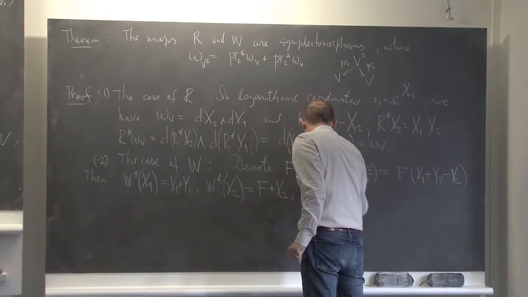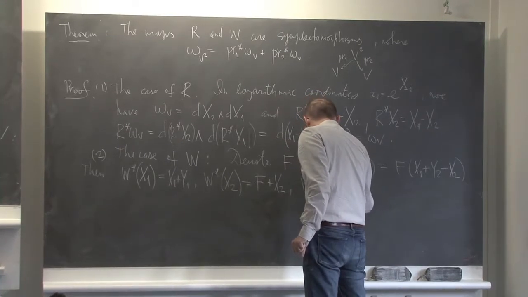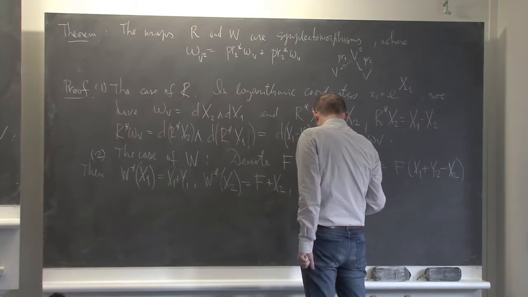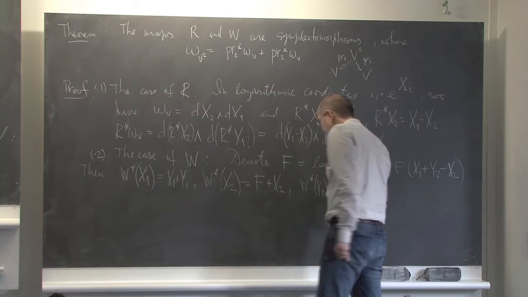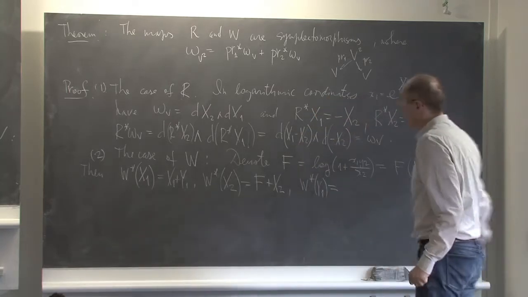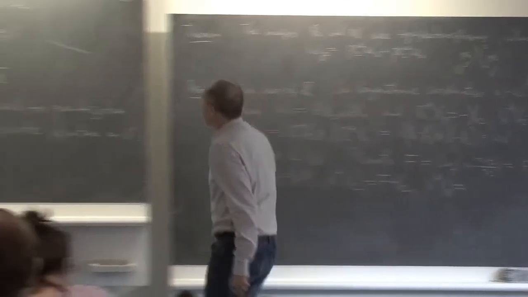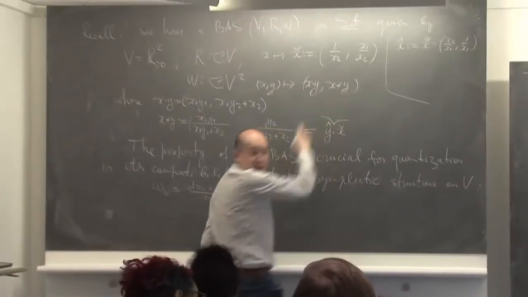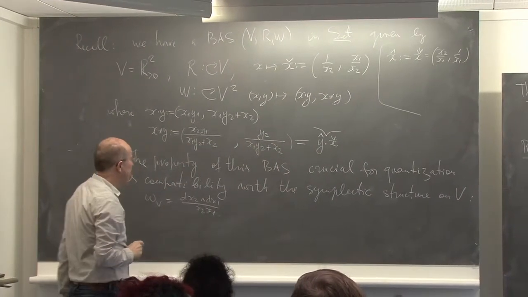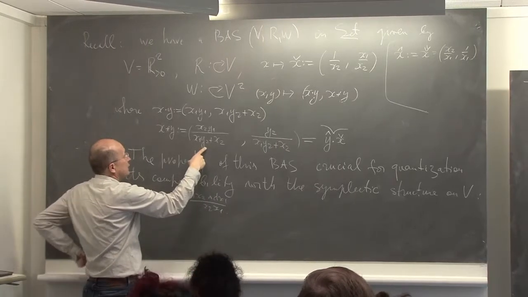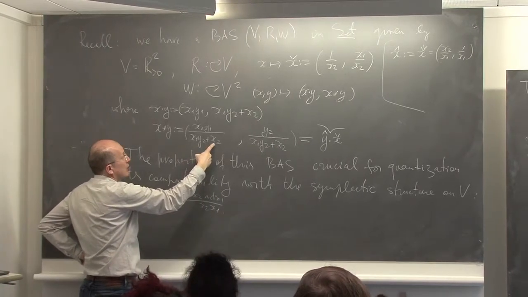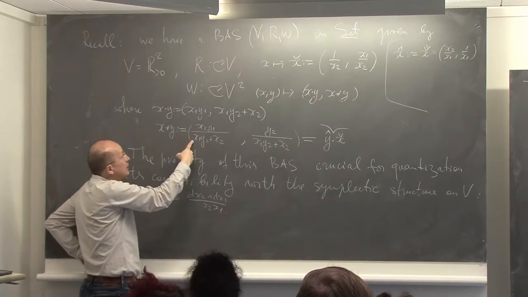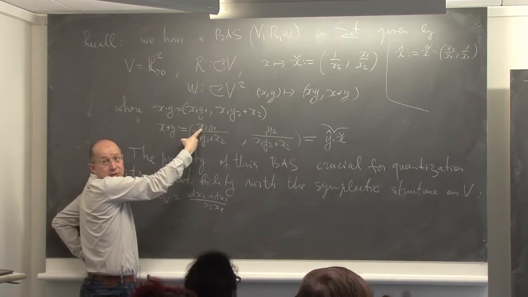And now I take W star of y1. So now we switch to that guy, x star y, its first component. Its first component is written here. So now I pull out x2 from here and cancel it with that x2.